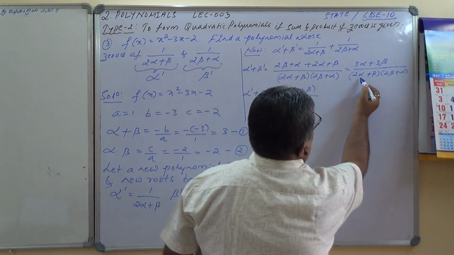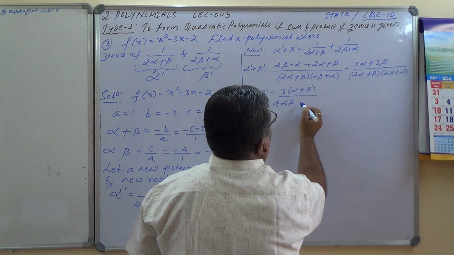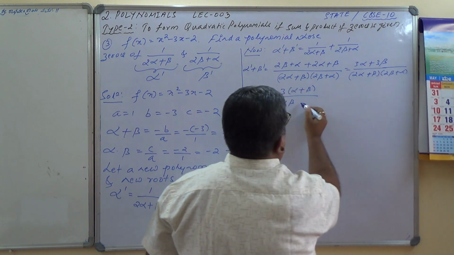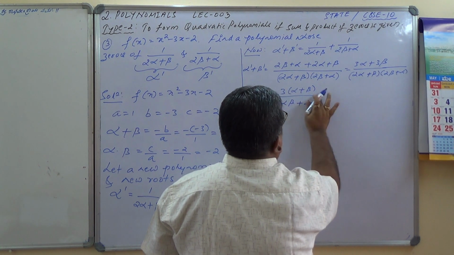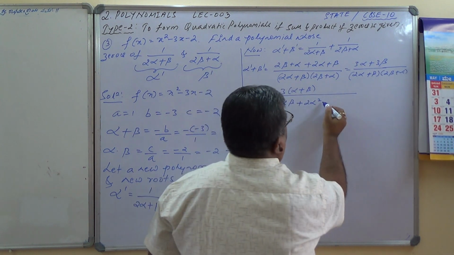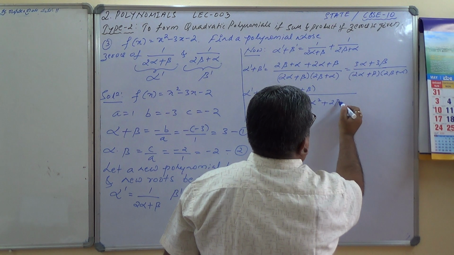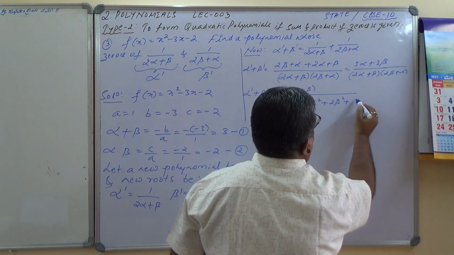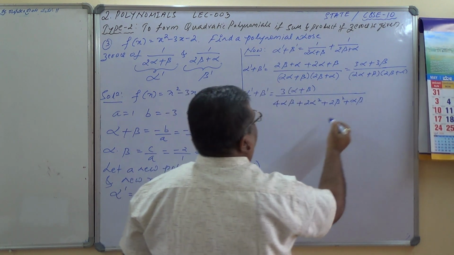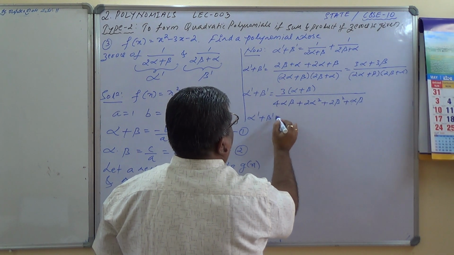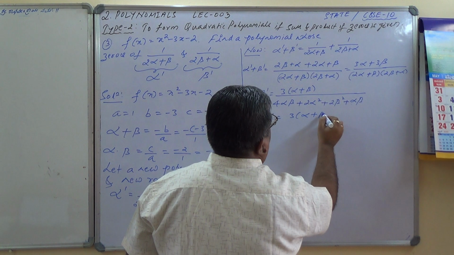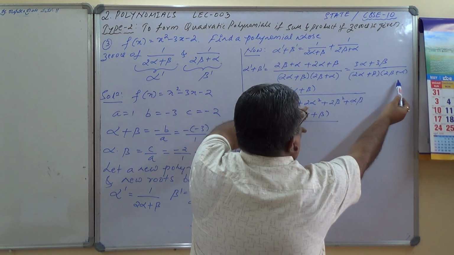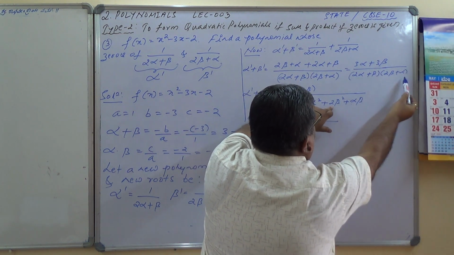So let us multiply: 2 alpha into 2 beta is 4 alpha beta, 2 alpha into alpha is 2 alpha square, beta into 2 beta is 2 beta square, and beta into alpha is alpha beta.